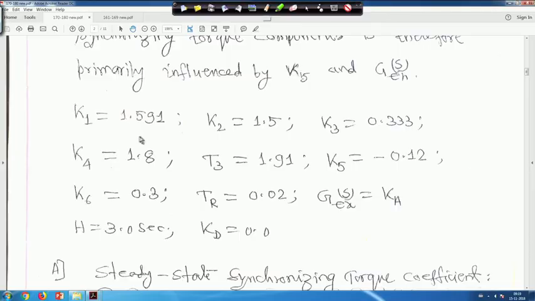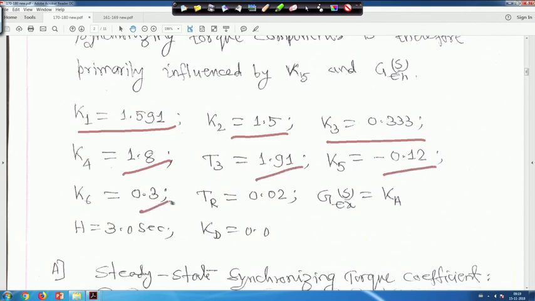analysis. Now suppose the following parameters are given for the system: K1 is 1.591, K2 is 1.5, K3 is 0.333, K4 is 1.8, T3 is 1.91, K5 is minus 0.12, K6 is 0.3, and for this case we have not neglected TR. We have taken TR equal to 0.02 second.